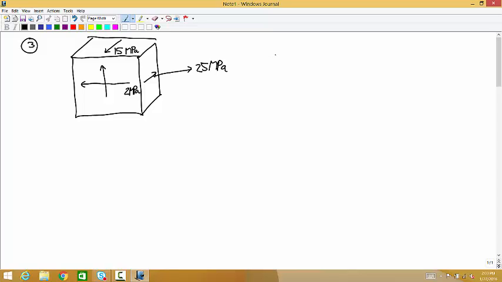So the first row is the traction on the positive x face. On the positive x face, we have 25 MPa in the, oh, and here's the coordinate system.